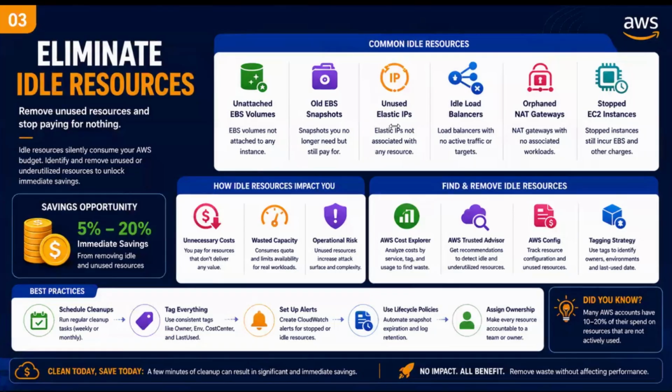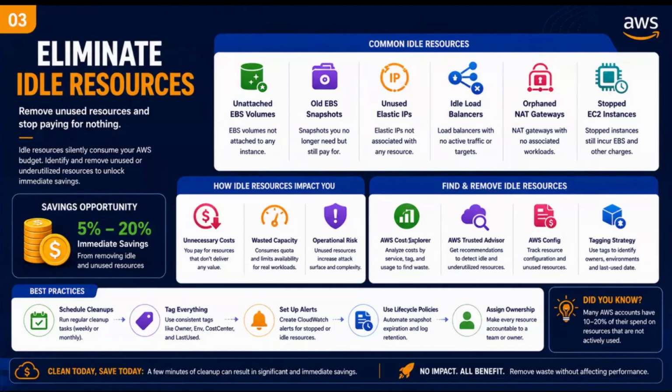Also Elastic IPs and idle load balancers. These are the idle resources you forget, and they consume most of your spending and investment. So how do idle resources impact you? Unnecessary cost, wasted capacity, and operational risks. So find and remove the idle resources.